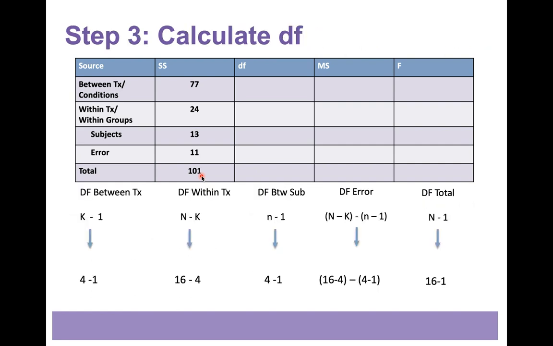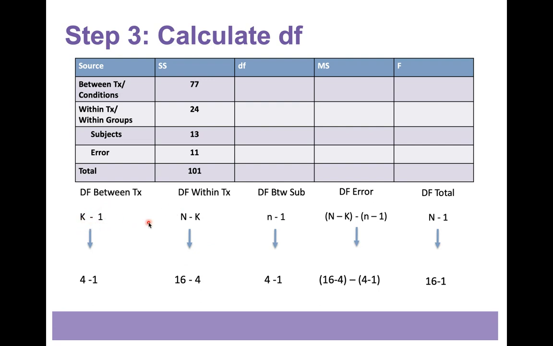Because the next piece is filling out our degrees of freedom for each of these sources of variability. These degrees of freedom will be given to you, right? You don't have to memorize these. And so we just go through and we calculate each one. So degrees of freedom between is K minus 1.